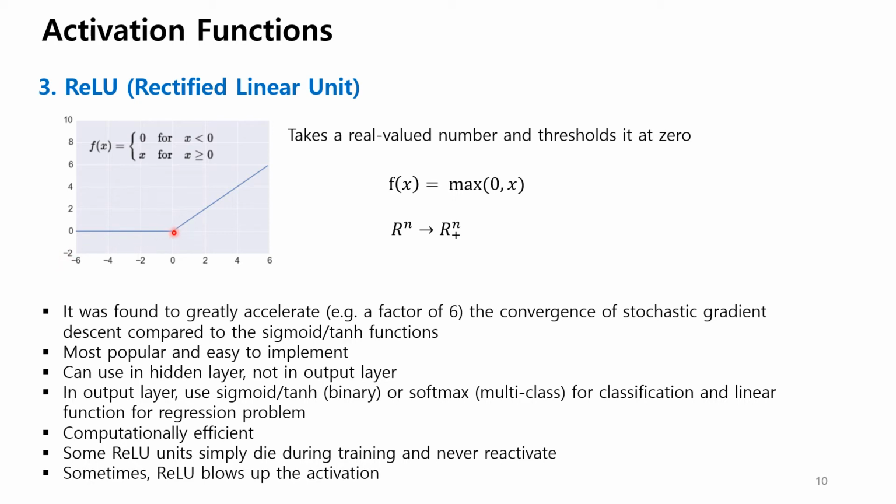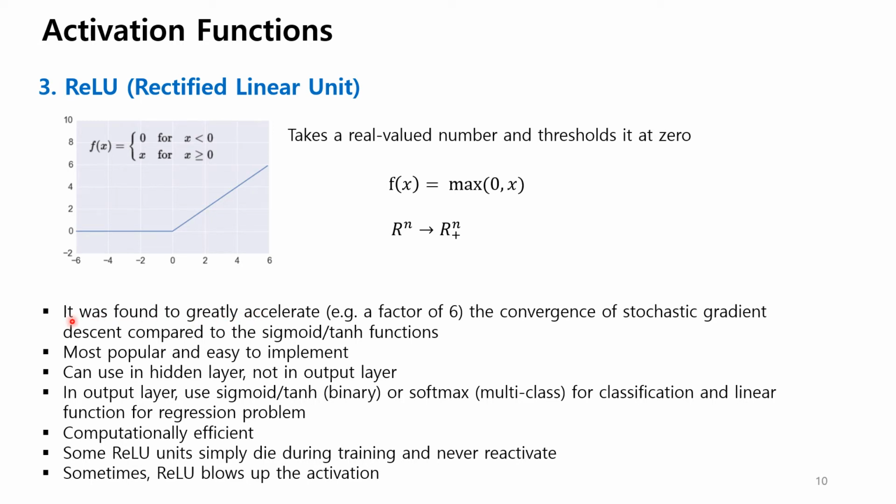If x is negative, it returns 0, and if x is positive, it returns x, a linear line. So this function is super simple, and because of that, it is very fast when you train deep learning.